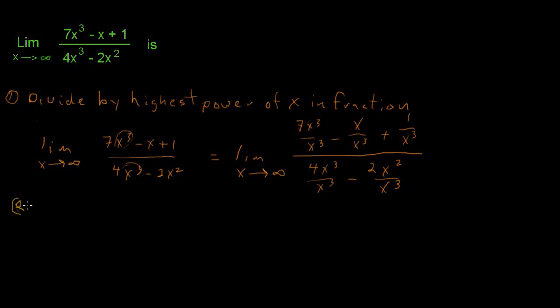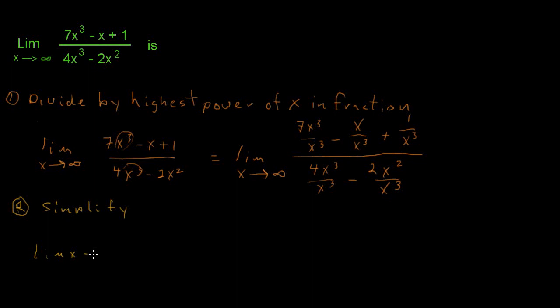So what's step 2? Step 2 is to simplify. Let's write down again the limit as x approaches infinity, and let's simplify. What is 7x cubed divided by x cubed? That's just 7. And then I have minus x over x cubed, that simplifies down to minus 1 over x squared.